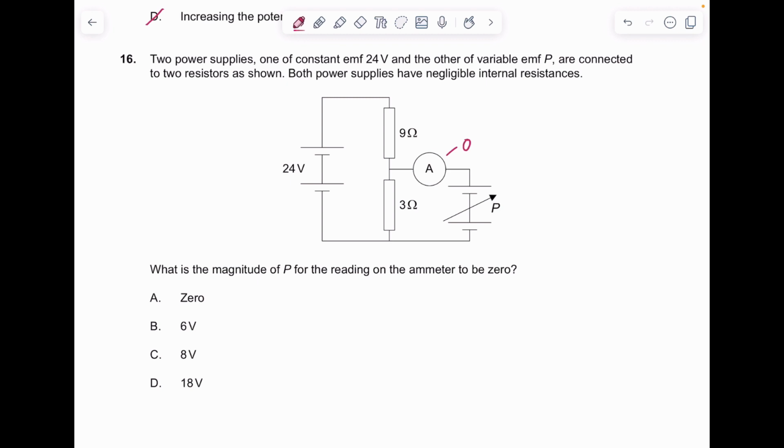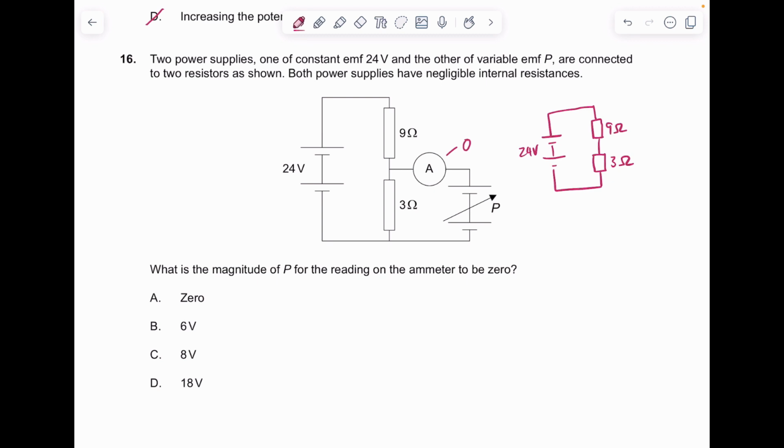Well, if no current is flowing through that section of the circuit, that means that this circuit just becomes this. This is the direction that the current is flowing, just through the two resistors. Nothing's going through the variable power supply. And it wants to know, what is the value on P for that to occur?